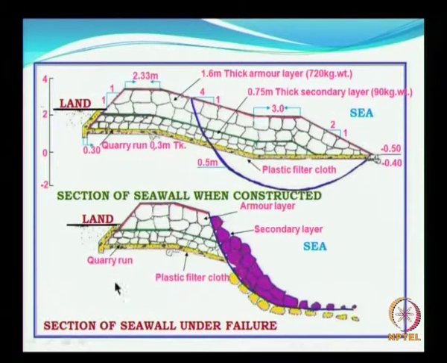The top level is considered to be around +7.4. Now these days this +4 will not be quite good enough for preventing overtopping etc. So the top level of the seawall has to be raised, particularly after the ingress of the tsunami in 2004. These levels have been slightly increased, the details of which we will see later.